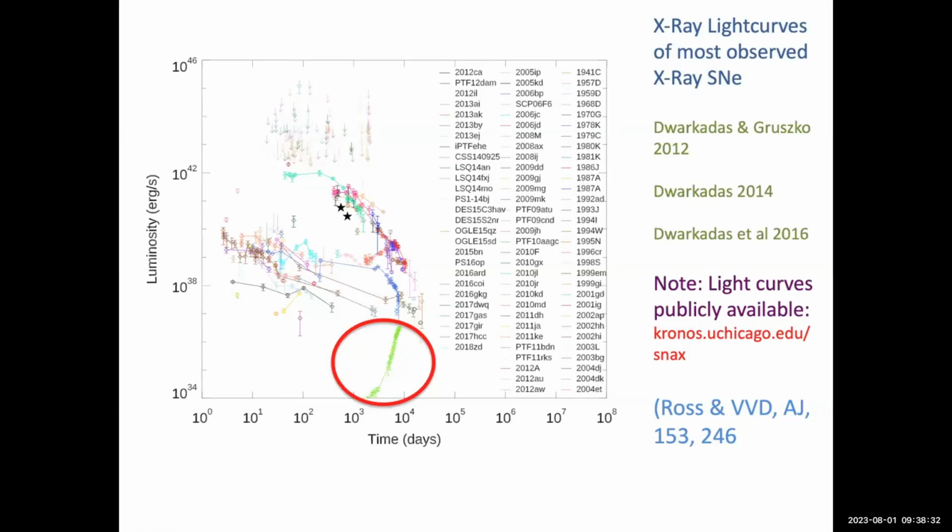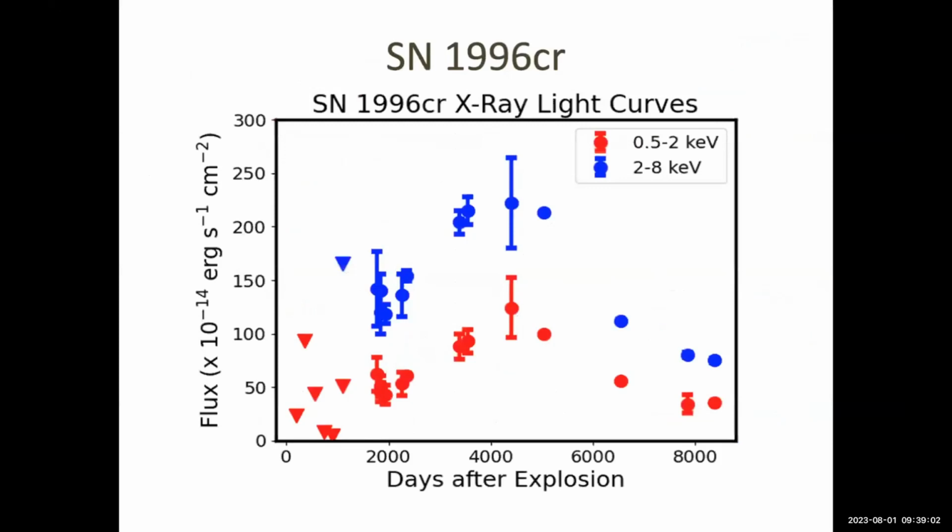At the beginning of this century, my colleague Franz Bauer found another supernova, supernova 1996cr, that seemed to be evolving in a similar fashion, with its luminosity increasing with time. This was quite surprising. It was only the second supernova after 87A where we had seen this. He wrote a couple of papers, and we wrote a paper saying it's supernova 87A's second cousin. Just to jump ahead a little bit, I'll show you the full light curve, which is today's.